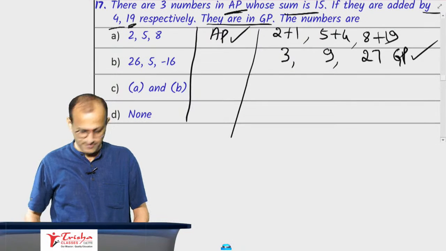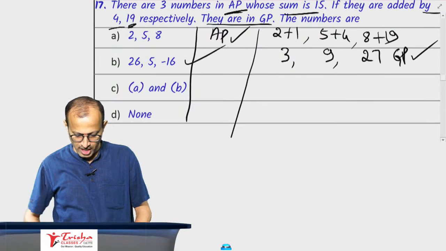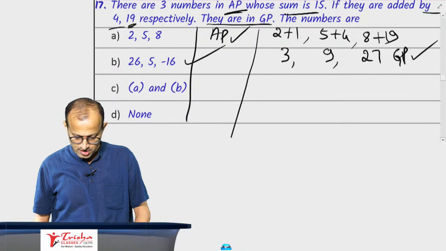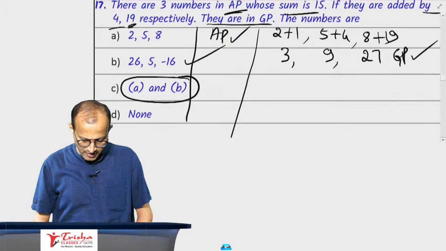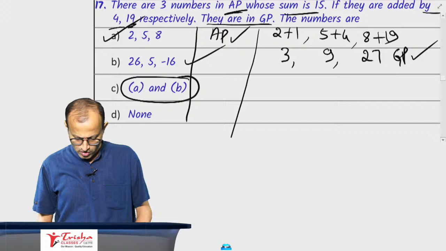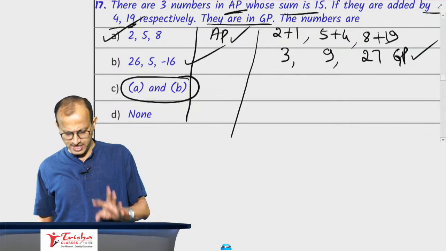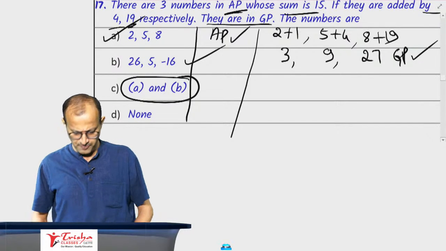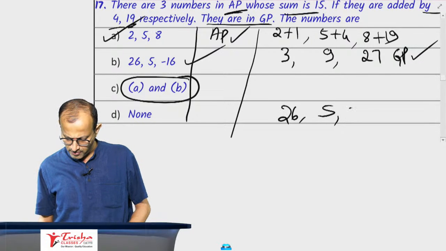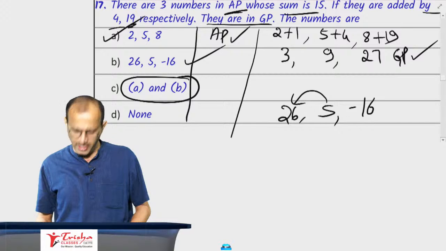Shall we answer then? I'll go to the option B. Because they say A and B, I have tried only A, I don't know B, could be right, but let us verify. So, 26, 5, minus 16, whether it is in AP, how do you test it? You have to do 5 minus 26.